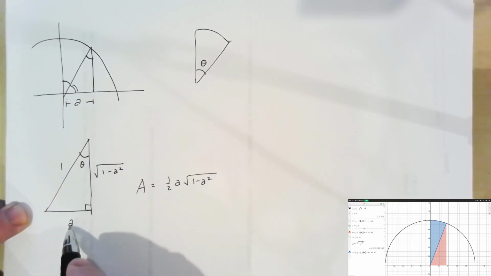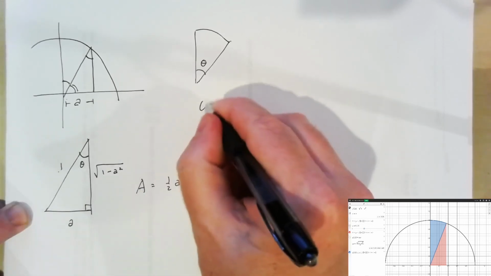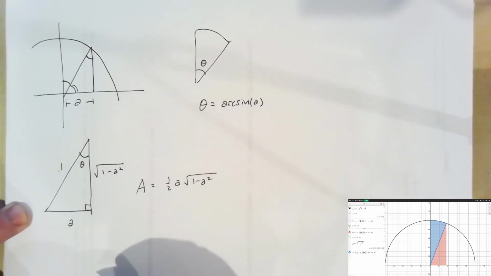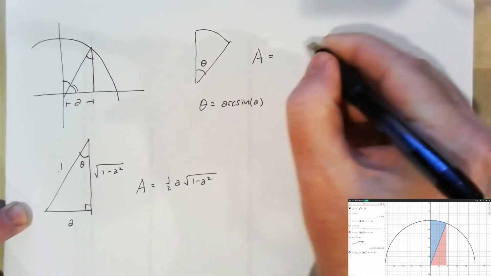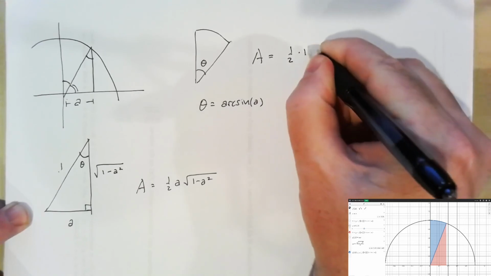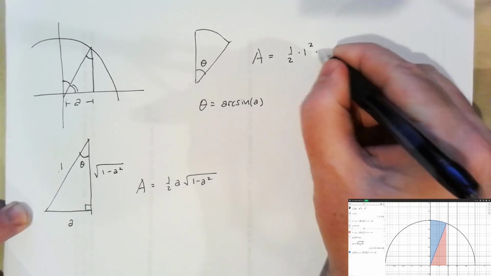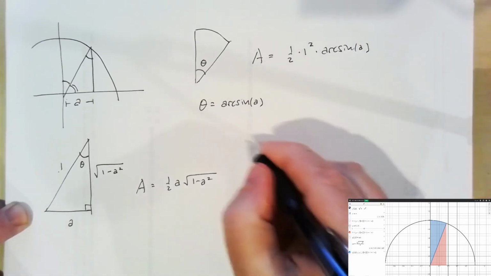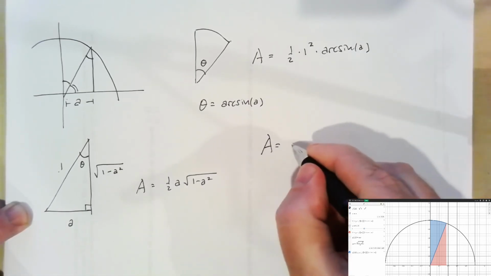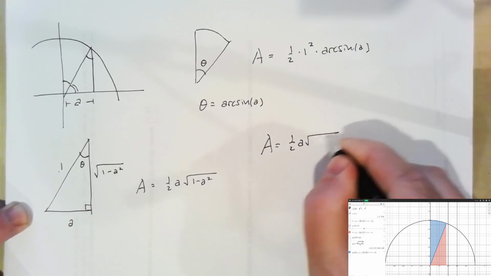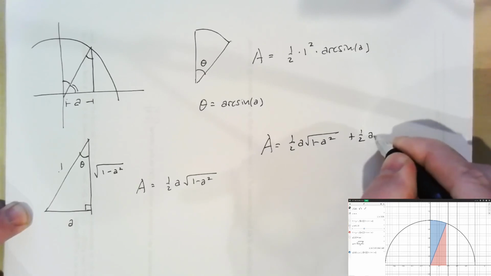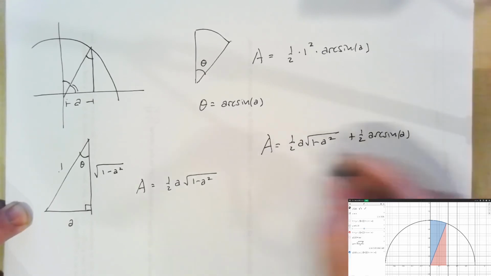But notice that the opposite side over the hypotenuse side is just A. So that angle theta is the angle whose sine is A. And so the area of this sector piece is 1/2 r squared, radius is 1, times the angle, arc sine of A. So the total area that I'm looking for here is going to be 1/2 A times the square root of 1 minus A squared plus 1/2 arc sine of A.